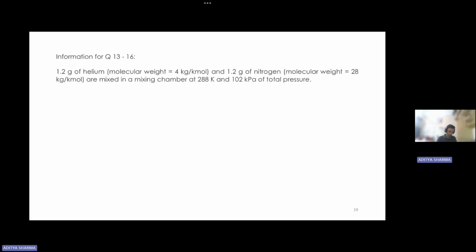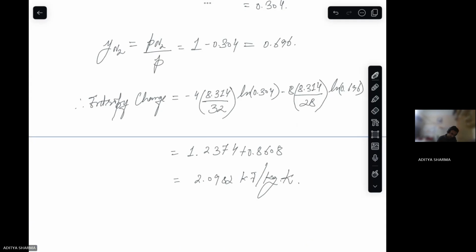So 1.2 grams of helium has been given and 1.2 grams of nitrogen has been given. So they are mixed in a chamber at this temperature and pressure respectively. So only this much information is given. So first question asks for calculation of the mole fraction of helium. So let's calculate the mole fraction of helium.